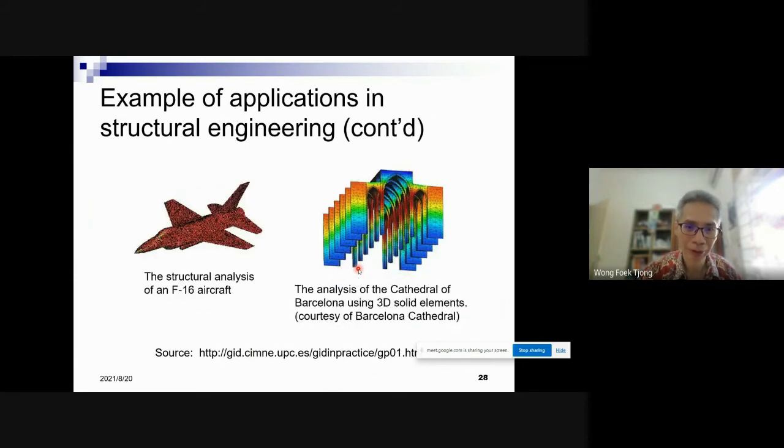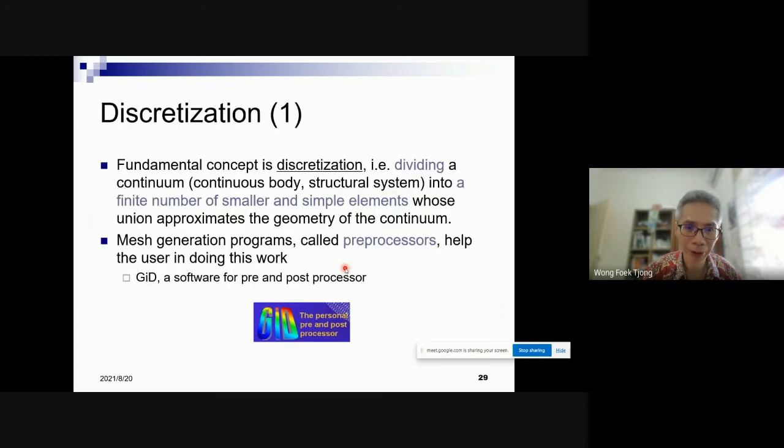Also, even in designing aircraft or for rehabilitation of structures, as I mentioned before, to understand the behavior of structures, that's the application of finite element. So it's a widely used method applicable today.